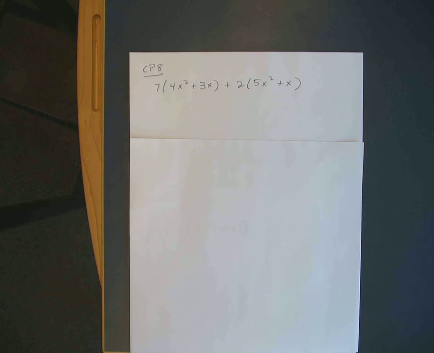The book spends a lot of time looking at properties, and the important thing about properties is that they will always work. When you're trying to simplify an expression, if you apply a property, you will get another expression that's equivalent to the one you started with.